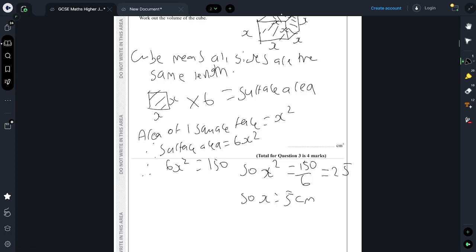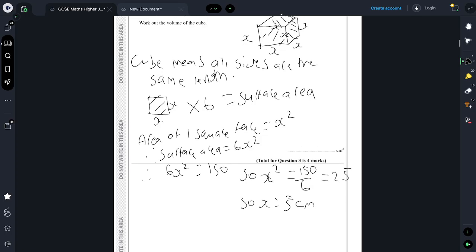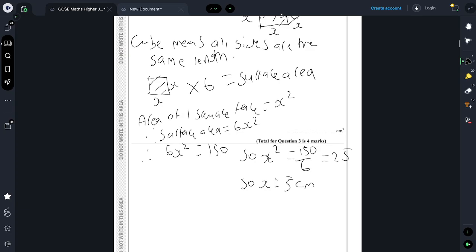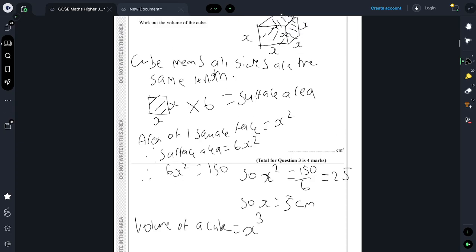Okay. We know the surface area, so now we find the volume. The volume of a cube is simply x cubed. It's the length, the width, and the height.